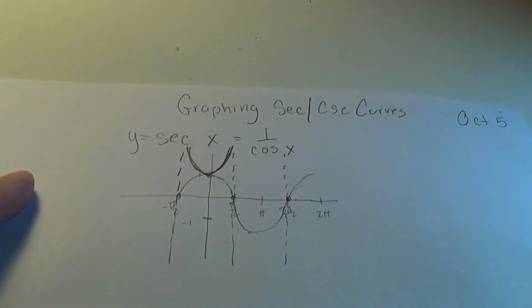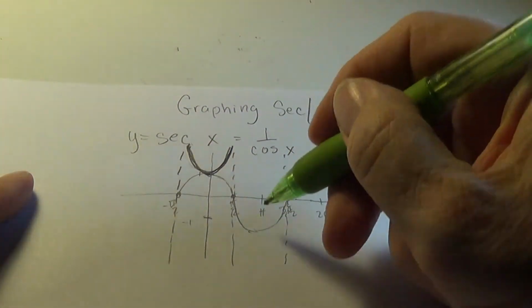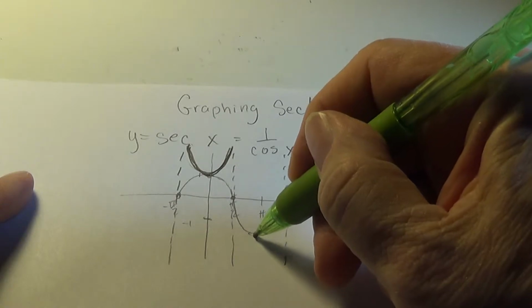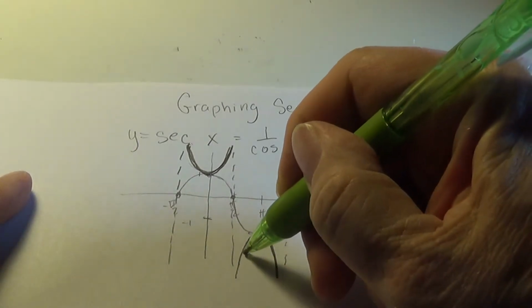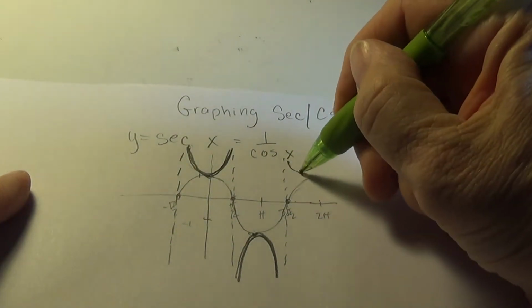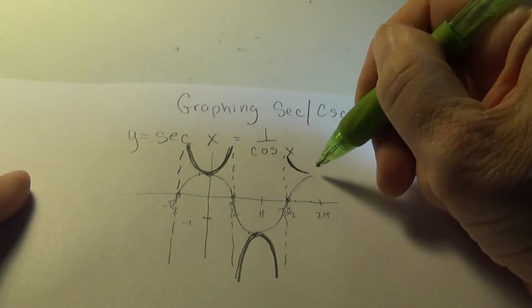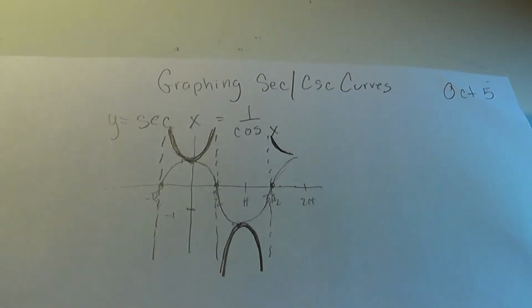There's the U shape. Trying to make it darker, but I'm going to bore through my table here. And then down here it comes up like this. So in a U shape, and then it would continue in like manner in both directions. So that is the beautiful secant curve.